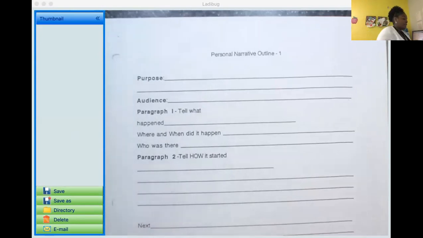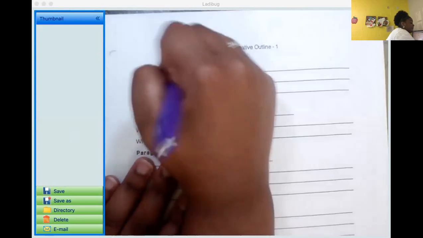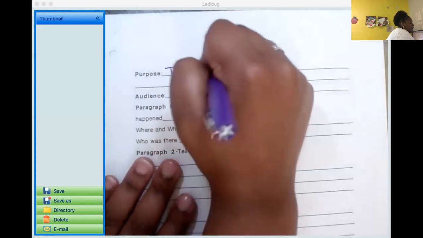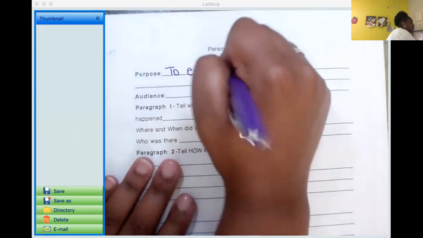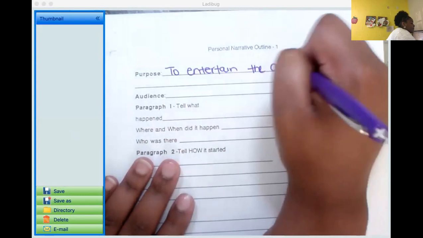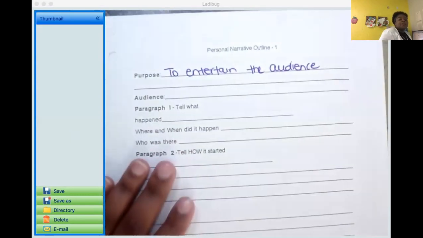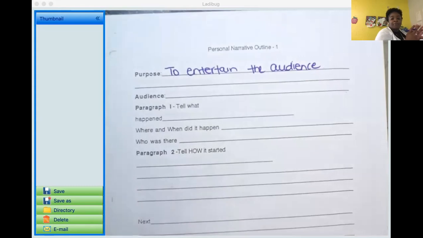You told me that a purpose is to entertain the audience. So as you're writing, you're going to want to make sure that what you're saying is exciting. It's not boring. You're not giving away all the exciting parts at the beginning. We're going to want to have a build-up. So we want to keep our audience entertained and engaged.